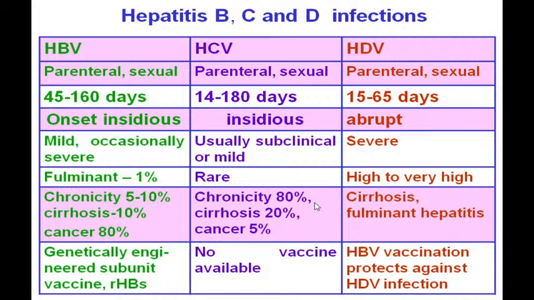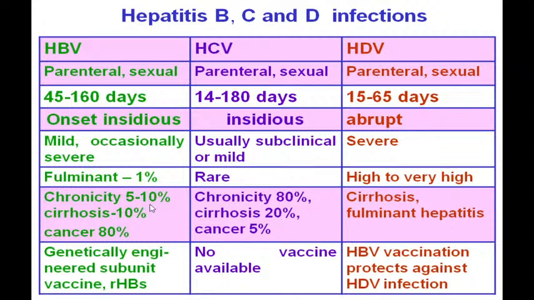While the hepatitis C virus is well known for its ability to cause very long-term chronic disease, mild at the beginning, but then out of these, 20% develop cirrhosis, and 5% of those with cirrhosis may develop cancer. So it is really very mild at the beginning, but when the inflammation persists in the liver, then it starts to cause very severe consequences.